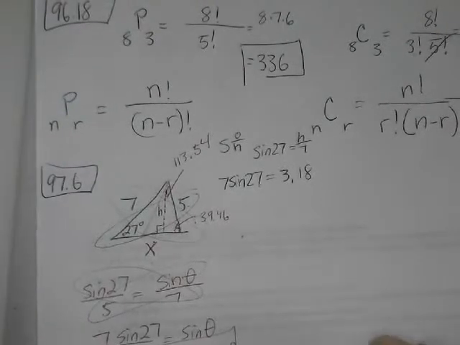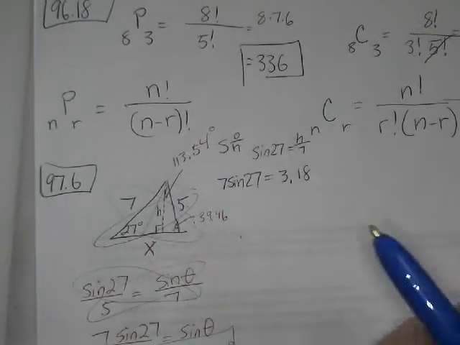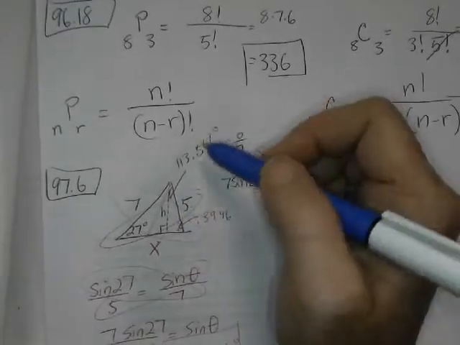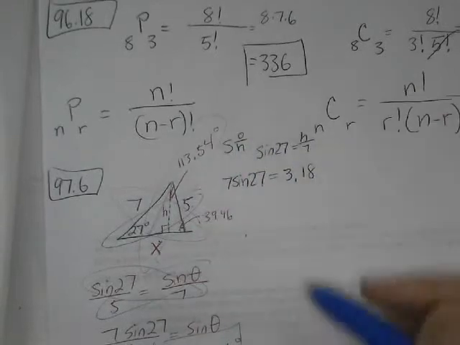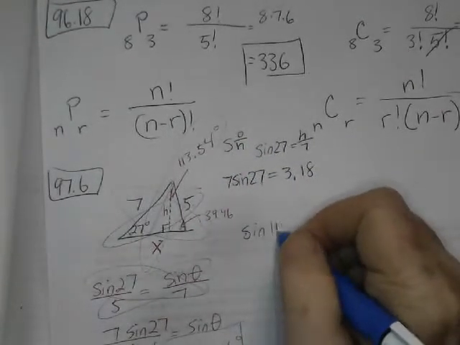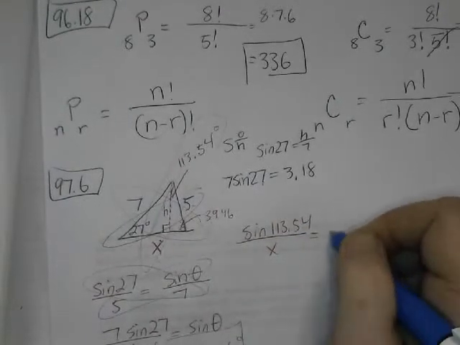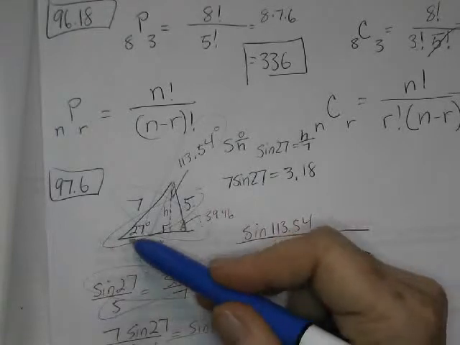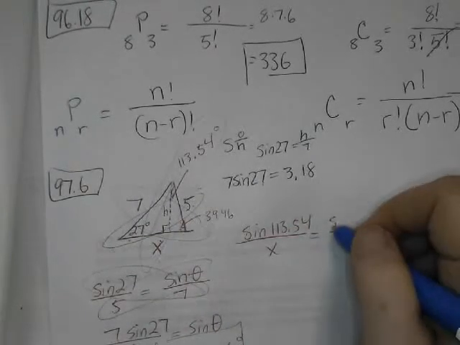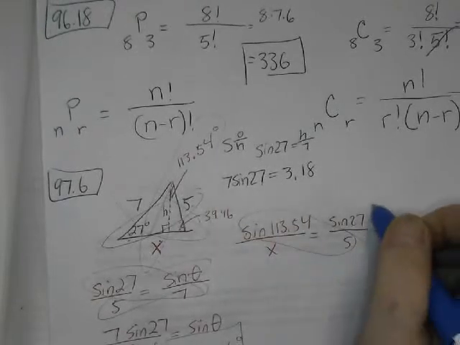Okay, so I can use this angle that I have here to help me find x, because now I have this pair right here. So I can say sine of 113.54 is to x as, let's just use sine of 27 is to 5. I like to avoid using the decimals if I can.